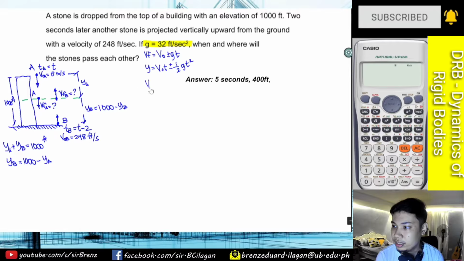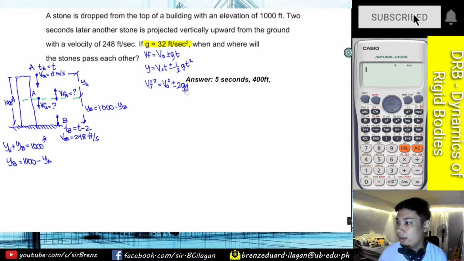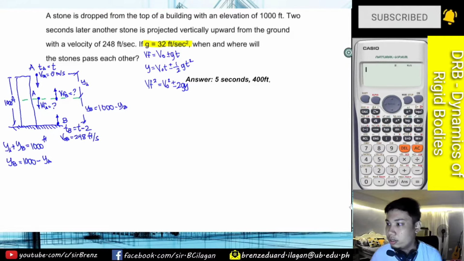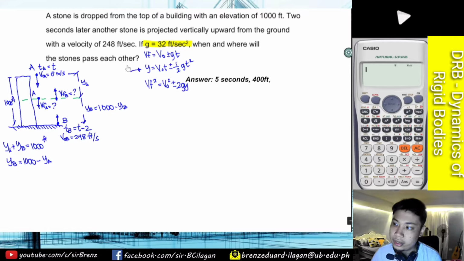And then the last one, Vf squared is equal to initial velocity squared plus or minus 2gy. So which one will we use here? Most probably, this is also the formula most often used, so we will use equation number 2.